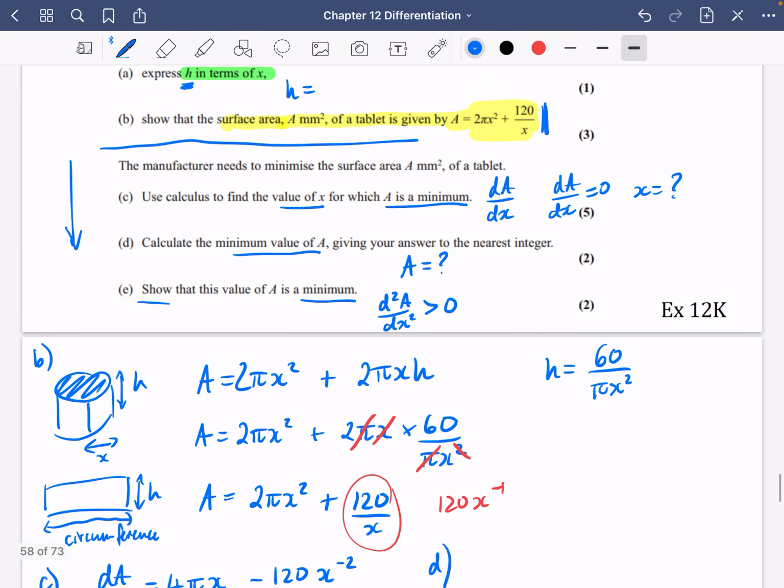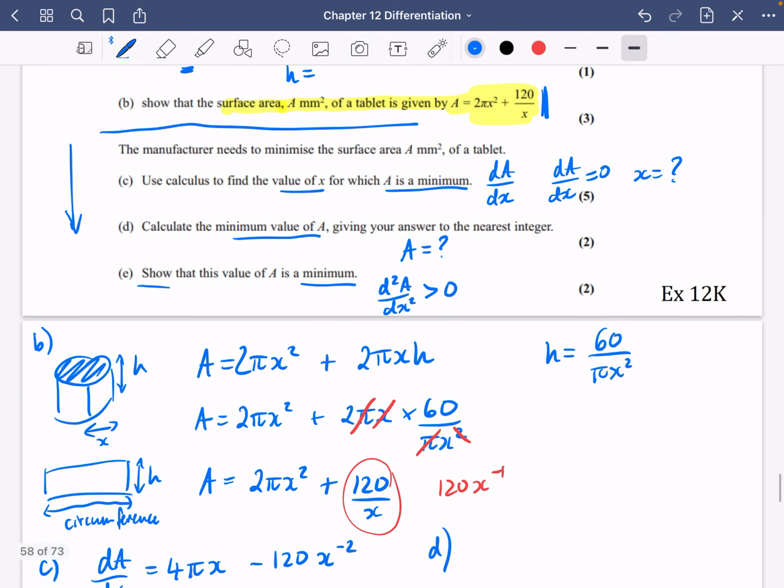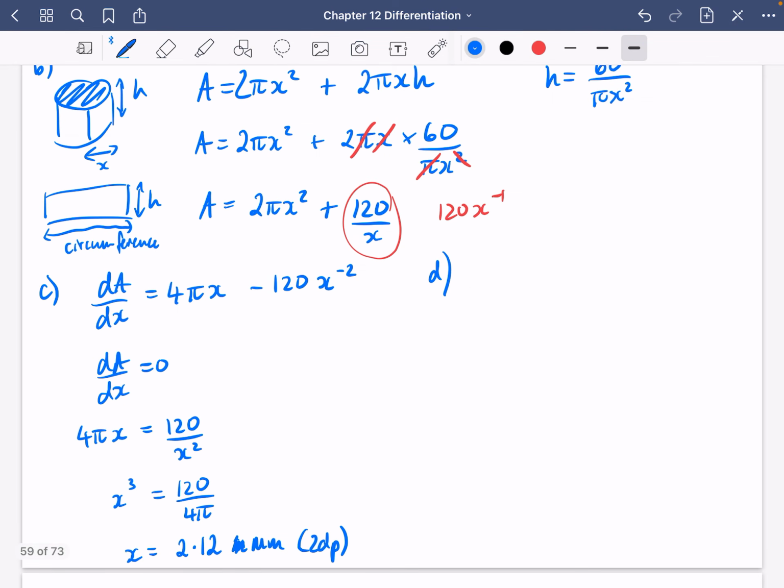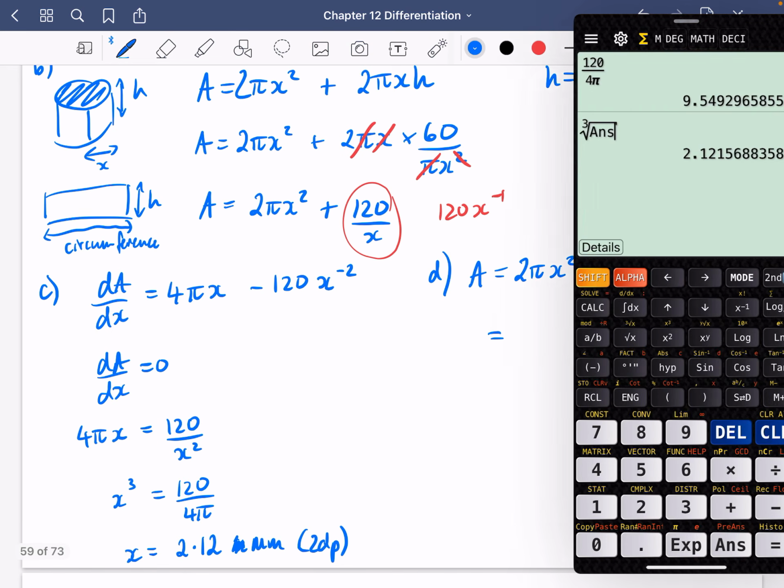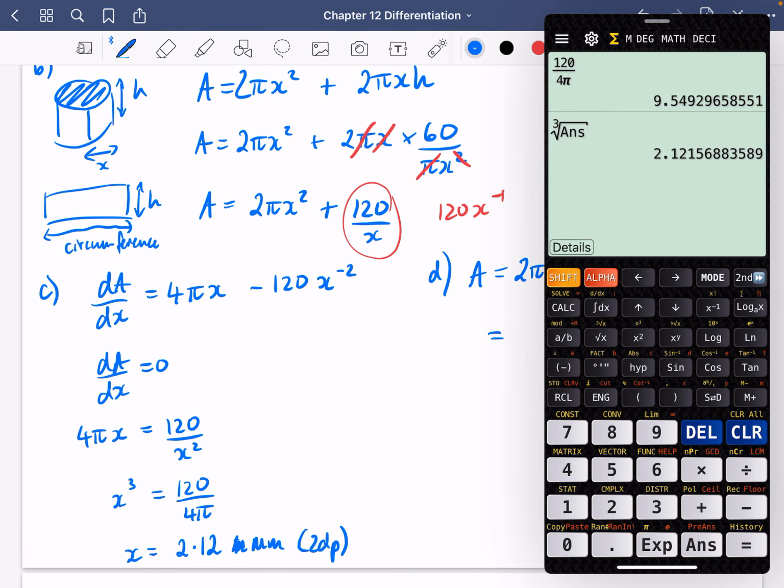Part D says calculate the minimum value of A, giving your answer to the nearest integer. So A is equal to 2 pi x squared plus 120 over x. I'm not even going to write it out, I'm literally just going to type it straight into my calculator. So it's going to be 2 pi answer squared plus 120 divided by the answer.